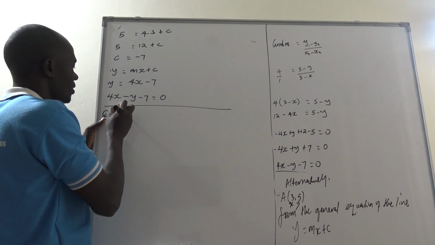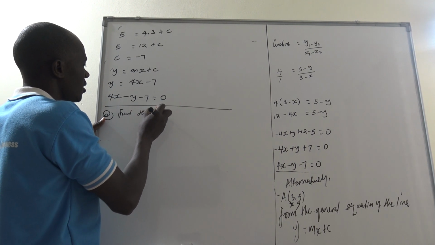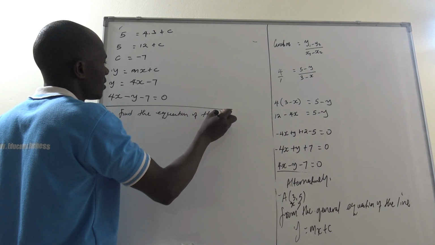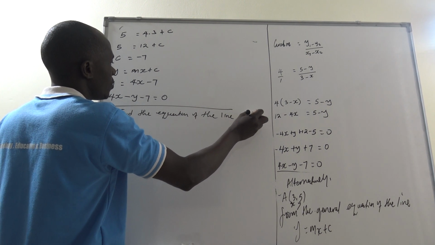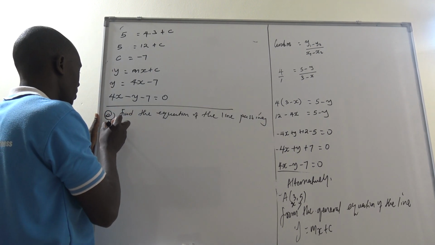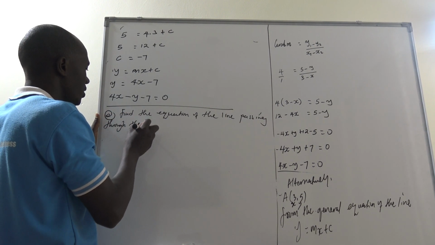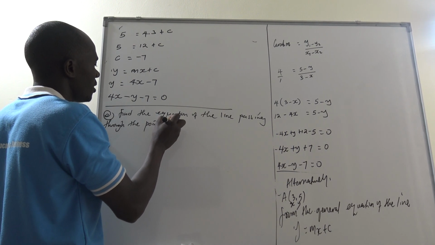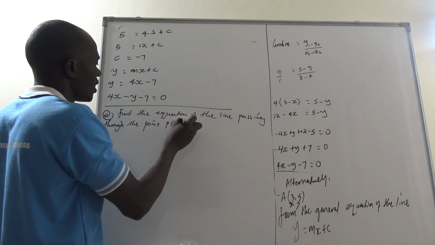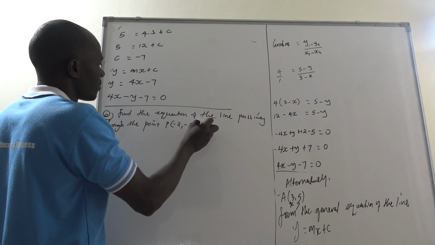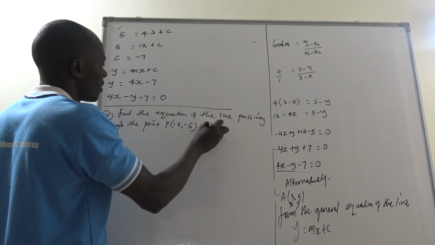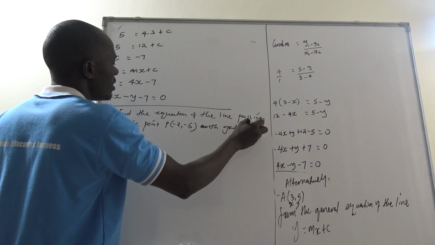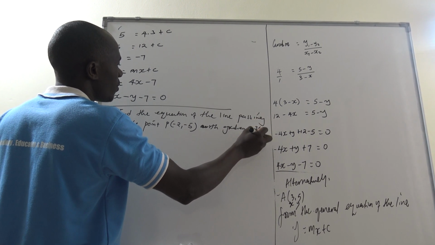Let's look at another one. Find the equation of the line passing through the point P(-2, -5) with gradient 3/4.